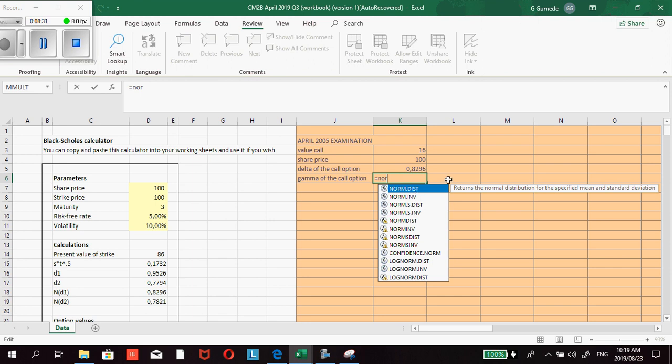Okay, so you're going to press this one here. They say it returns the normal distribution for a specified mean and variance.